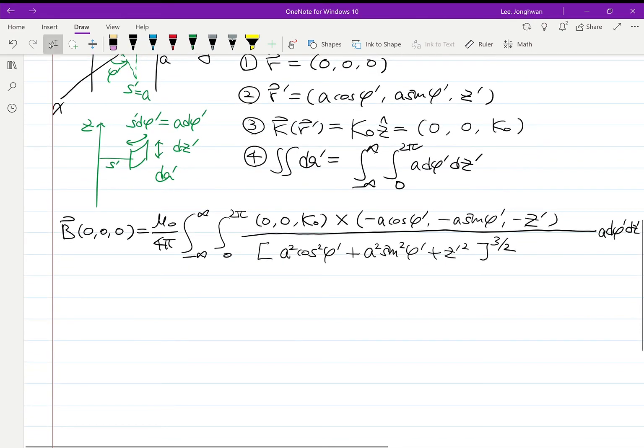So let's do the cross product first. So when you do the cross product, 0, 0, K naught.